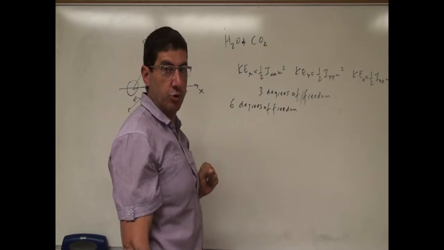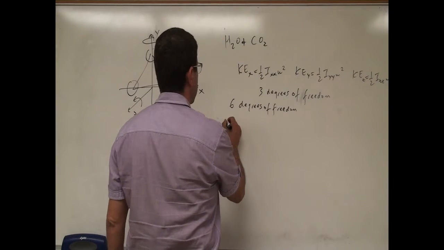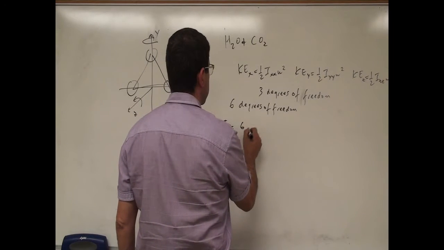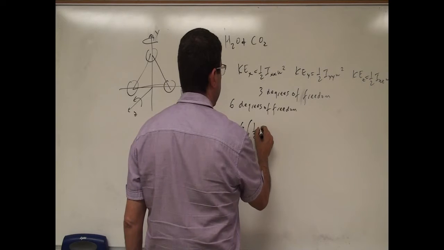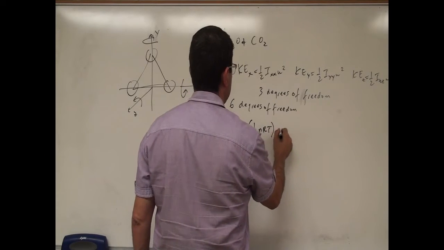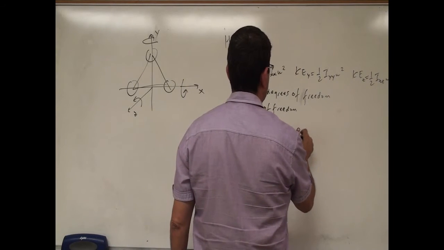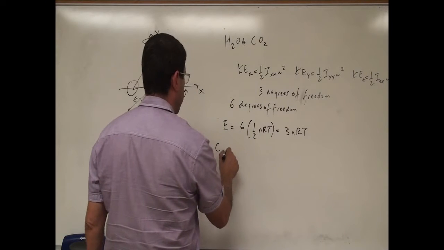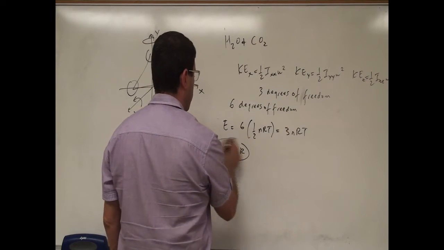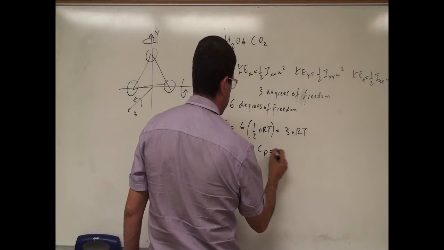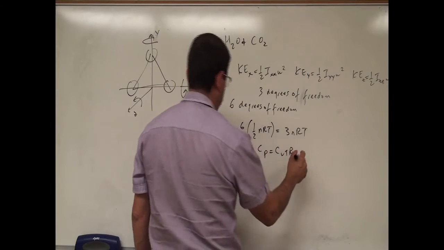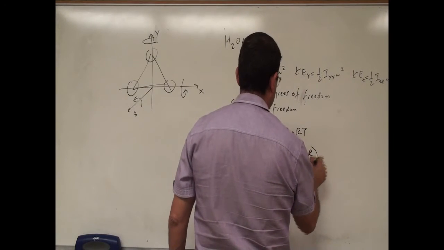If the gas has only 6 degrees of freedom, then the total energy is going to be 6, and each one is going to give you 1/2 nRT, right? So it's going to be 3 nRT, and then the Cv for that gas is going to equal 3R, right? And then the Cp is going to equal Cv plus R, so it's going to equal 4R, right?